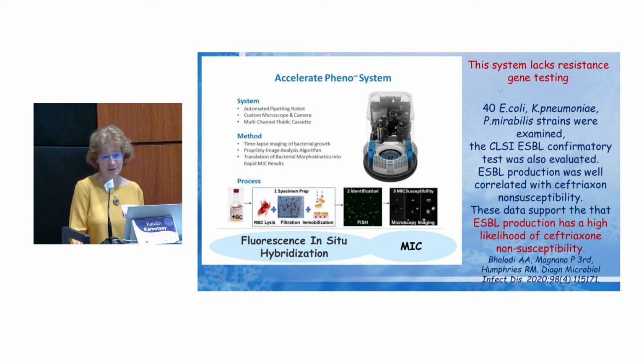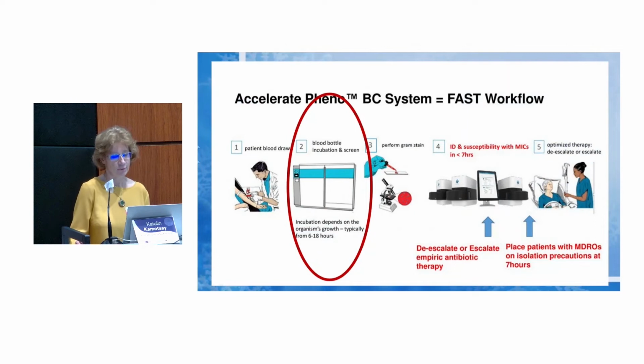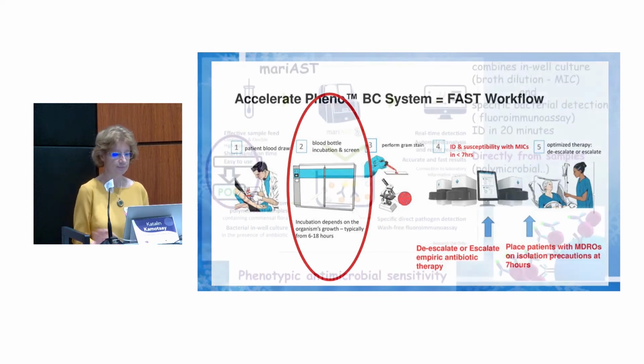This system lacks resistance gene testing, but there was a study which proved that ESBL production has a high likelihood of ceftriaxone non-susceptibility. I wanted to emphasize that it needs the pre-culturing of the blood culture, so it doesn't work from the blood.